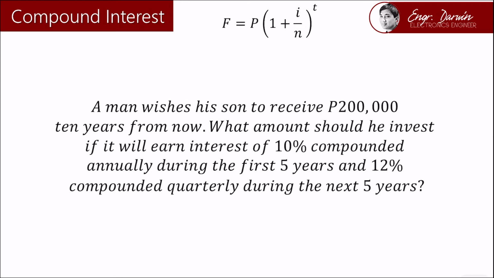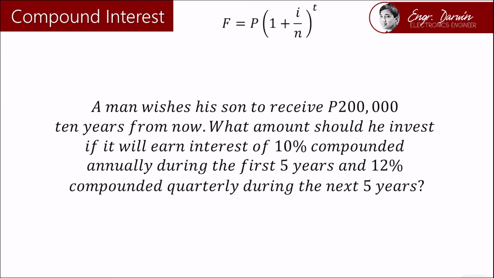Let's use this formula for the problem that I'm showing right now. For the first example, it goes like this. A man wishes that his son should receive a 200,000 peso 10 years from now.